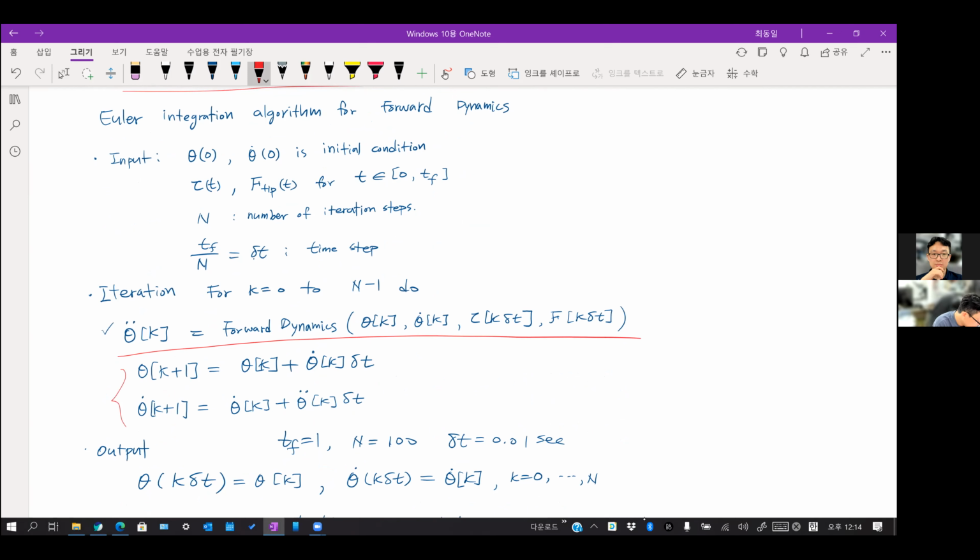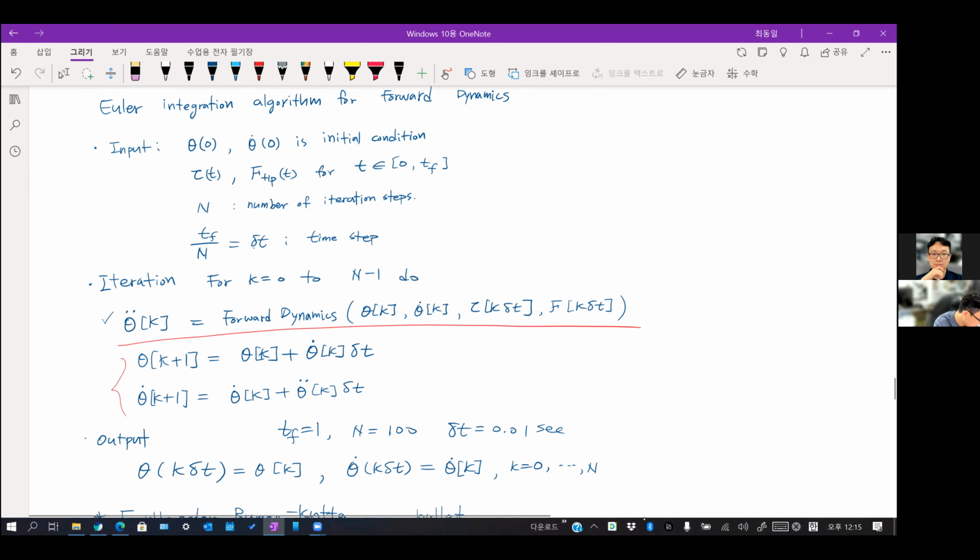So delta t is the time step, and delta t multiplied by acceleration plus velocity is updated to the new velocity, and with the new velocity, the position is updated by integrating the velocity and the previous position. So this is the basic integral method, the first order integral method.